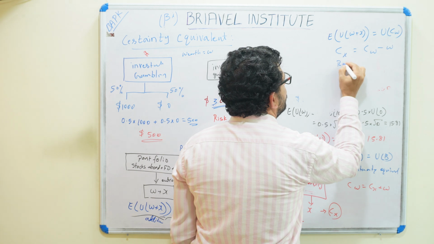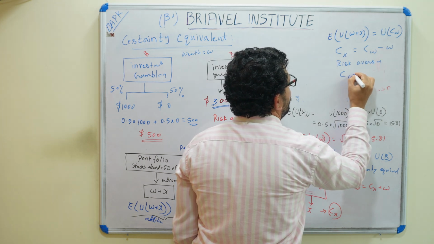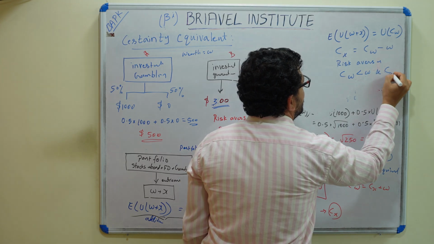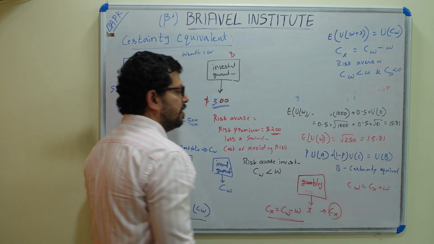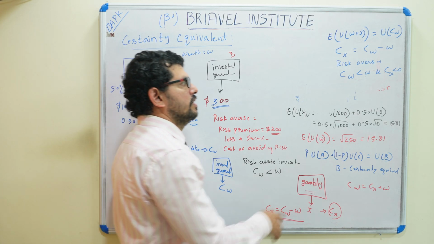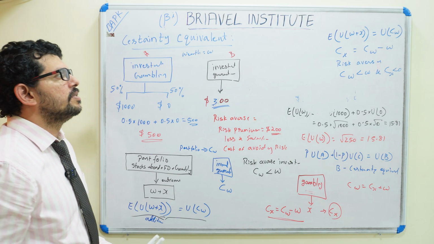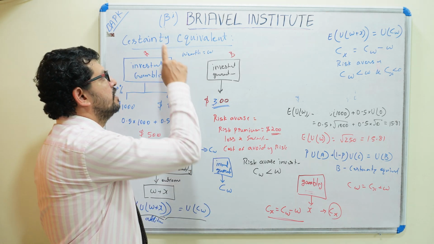And for a risk averse investor, CW will be less than W and CH will be less than 0. It will be negative. Gambling alone, what is the equivalent? If we find it for a risk averse investor, it will be less than 0. So these are the three formulas we studied for the certainty equivalent.